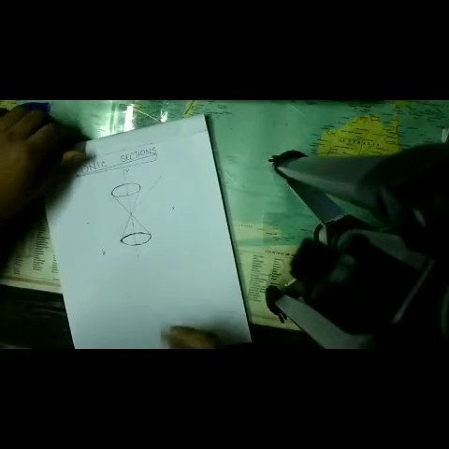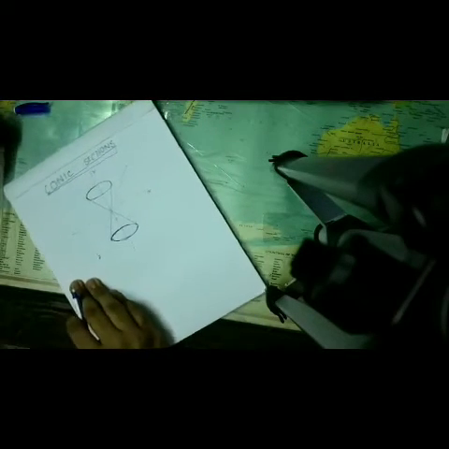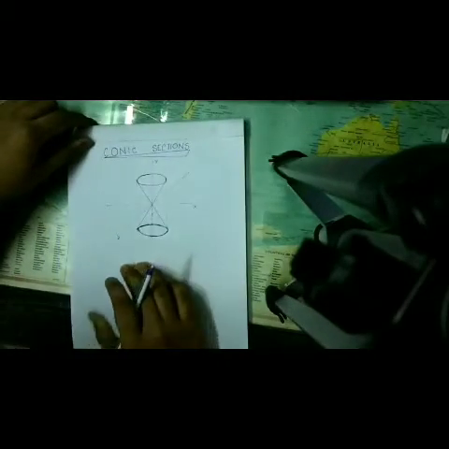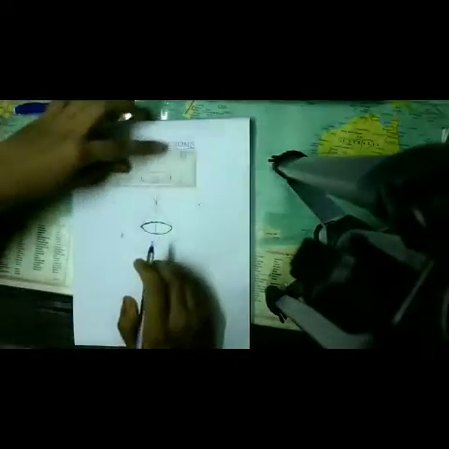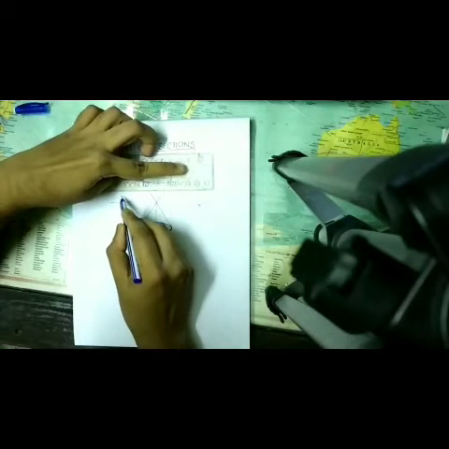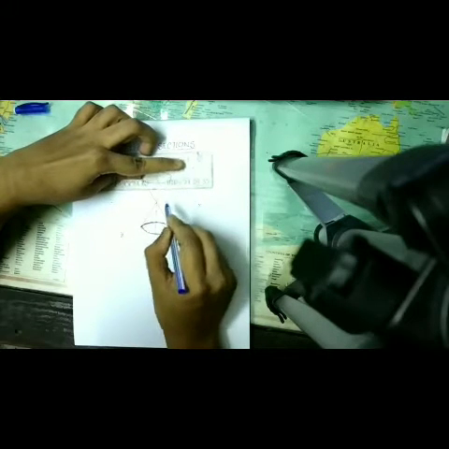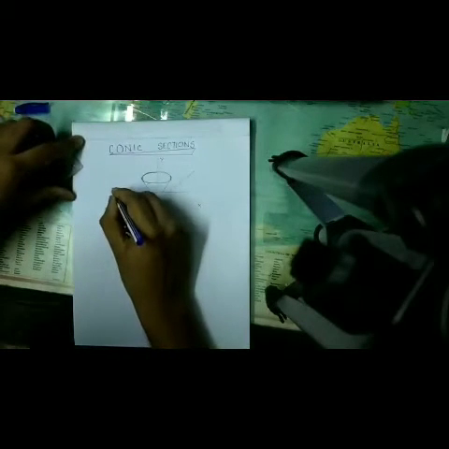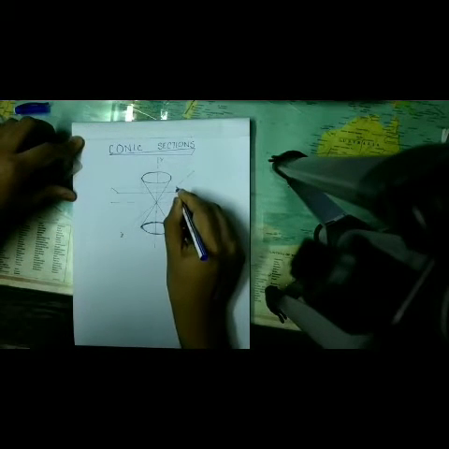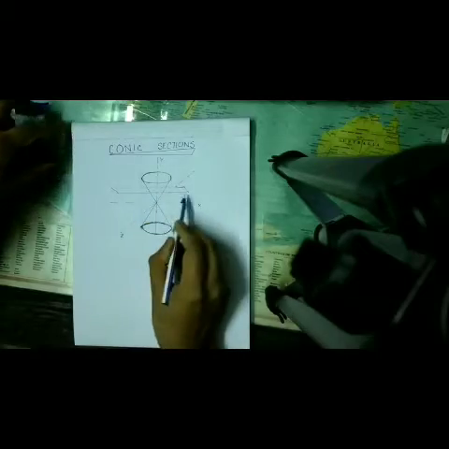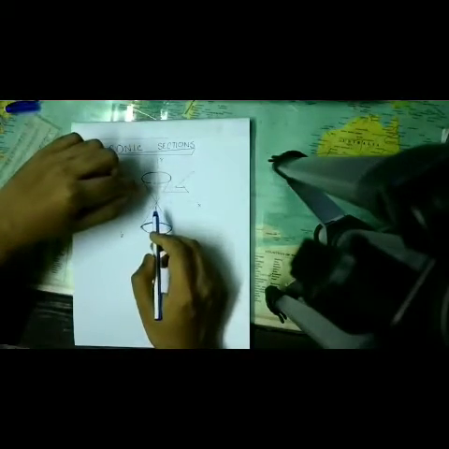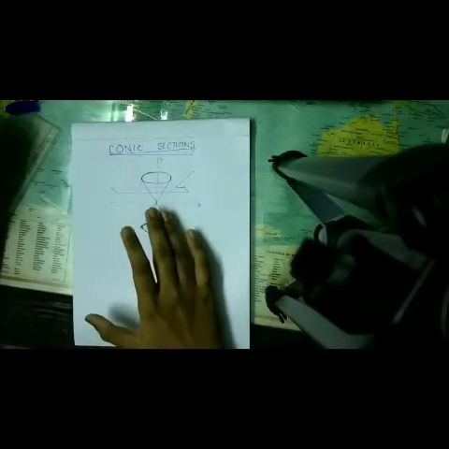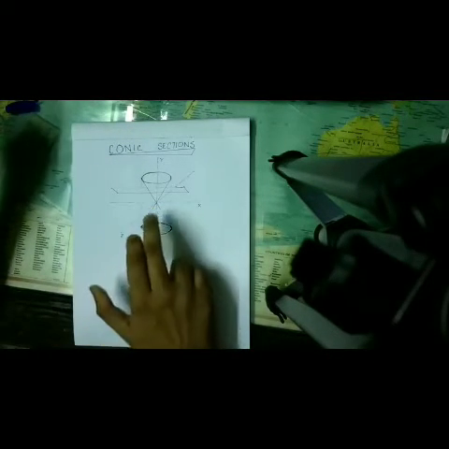Now if we cut a section in this manner, say this is the plane, this plane will surely cut this conic, and a section of this conic will be intersected by this plane.